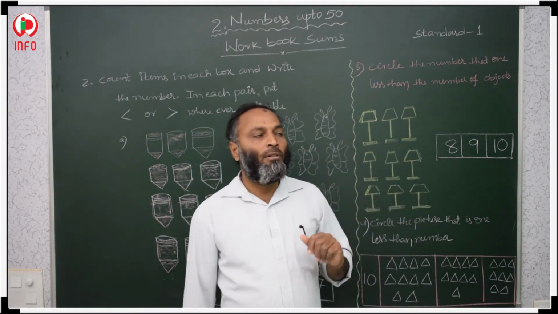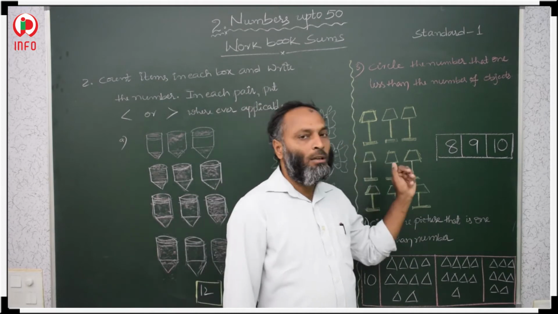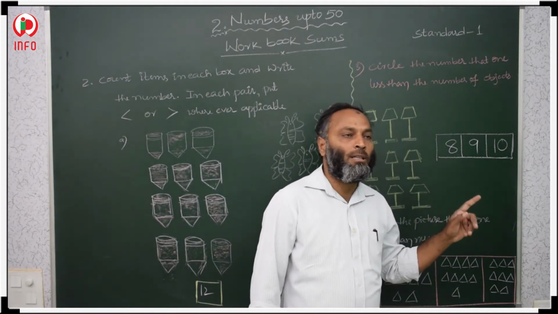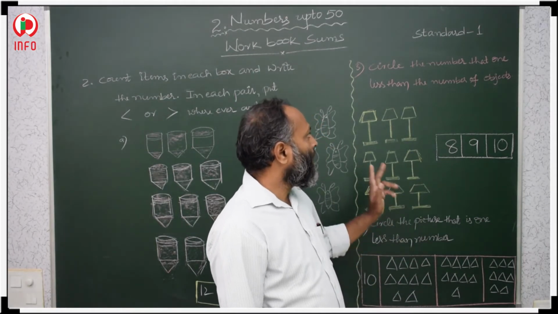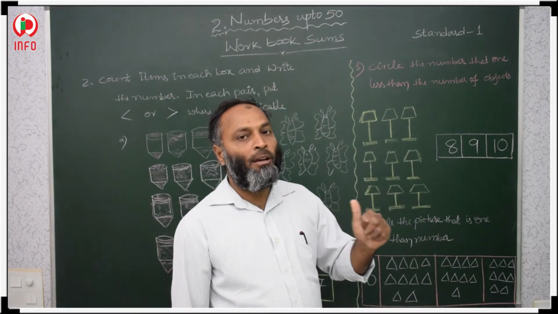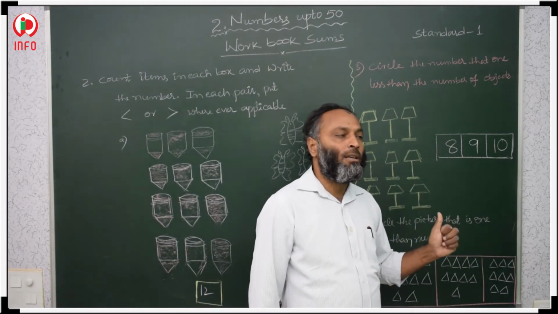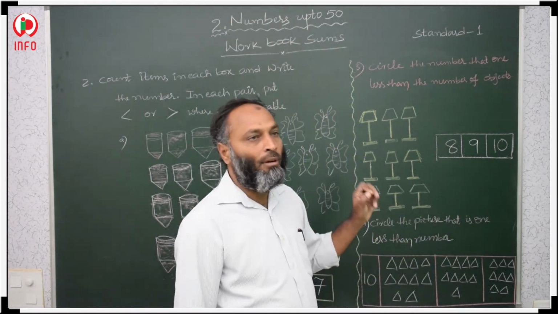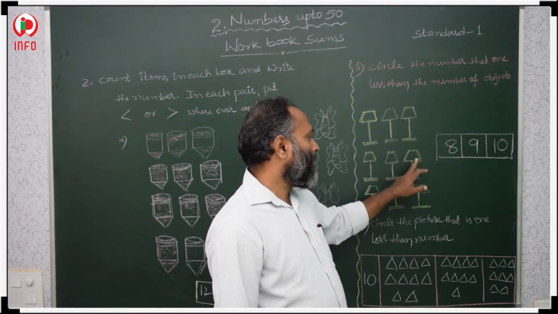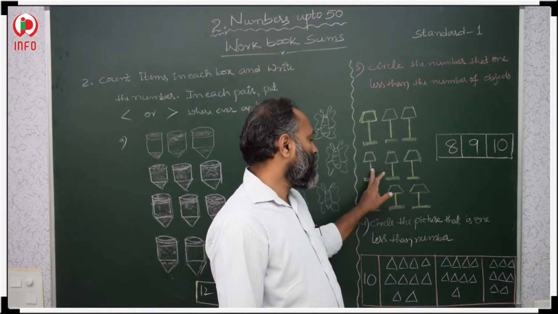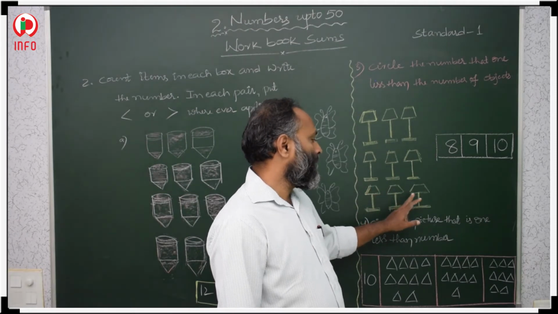First, we have to count the objects. How many lamps were given? Then after counting, we make one less than that. 1, 2, 3, 4, 5, 6, 7, 8, 9.